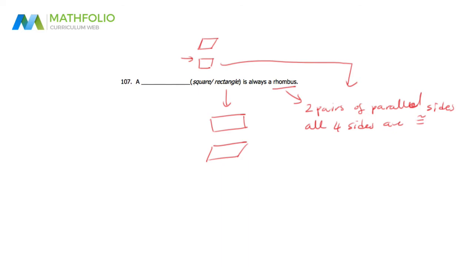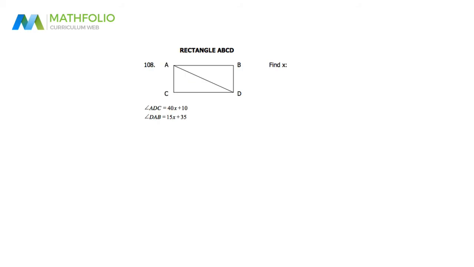The only difference between a square and a rhombus is the fact that all of the angles are 90 degrees, and that's the same here. The only difference between a rectangle and a parallelogram is that all of the angles are 90 degrees. So this one would be square. Alright, 108.